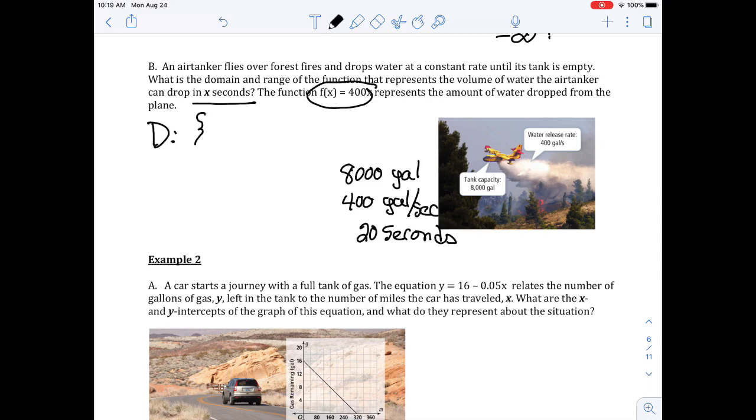And so set notation would look like this: fancy bracket, x, such that x is a number between 0 and 20, including both of those. At 20 seconds, there's no more water left in the tanker. At 0 seconds, there's 8,000 gallons in the tanker. If we were to write that using interval notation, that would be square bracket, 0, comma, 20, square bracket.